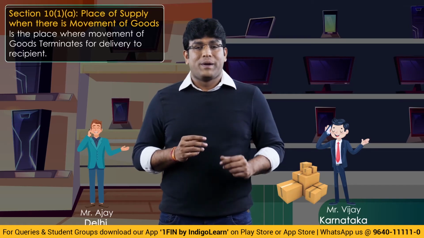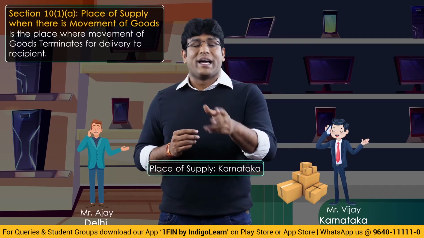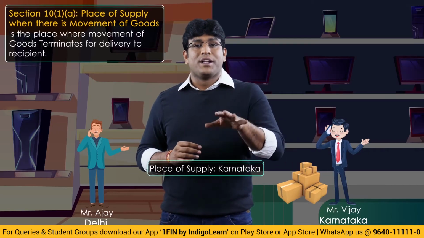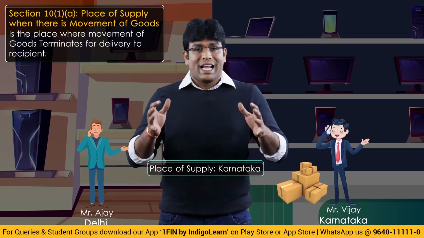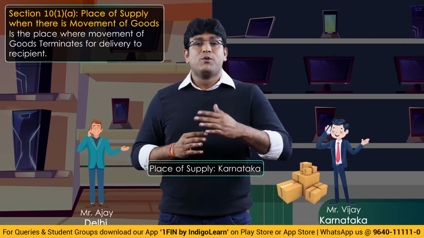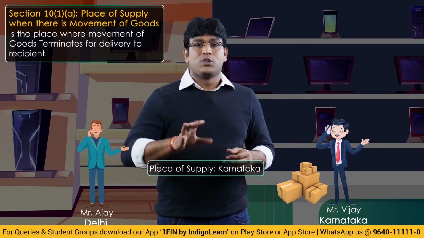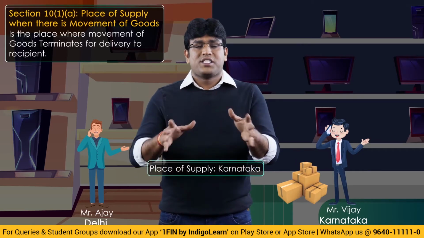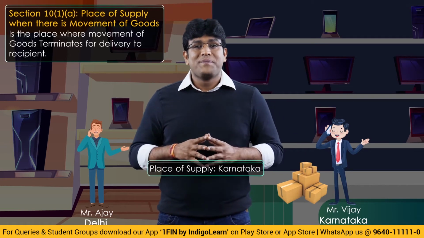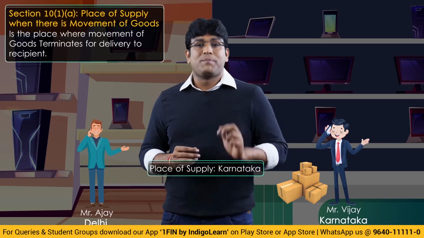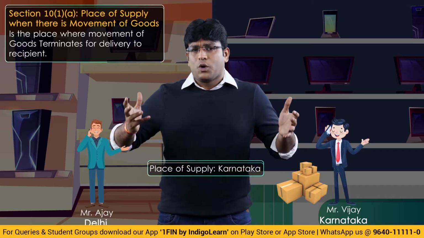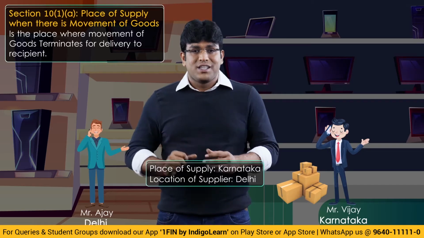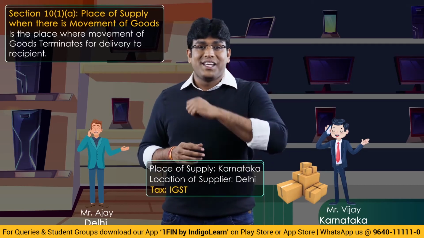In this case, place of supply will become Karnataka because movement of goods has terminated for delivery to the recipient in Karnataka. The title on those goods is transferred from Ajay to Vijay in Karnataka only. When the goods reach Karnataka, the transaction has come to an end. So place of supply will become Karnataka. And where is the location of supplier? In Delhi. So what will Ajay charge? Ajay will definitely charge IGST.